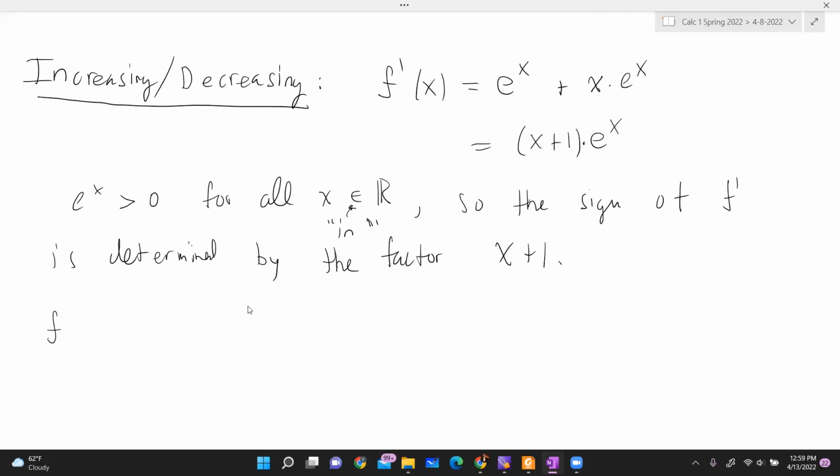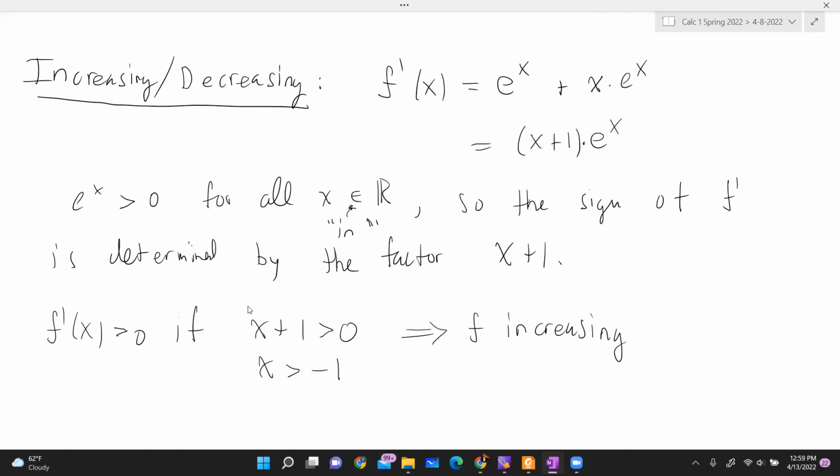So we can see that f prime of x is positive if x plus 1 is greater than 0. What that says is that f is increasing, and this is equivalent to saying x is strictly greater than negative 1. So f is increasing on negative 1 to infinity.